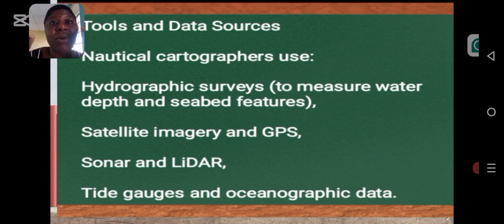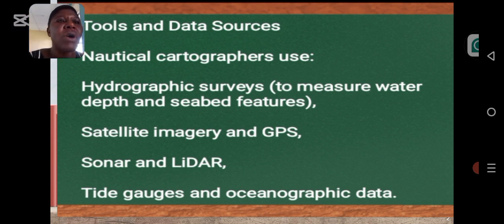Also, you can obtain data via sonar and radar methods, which you use to produce a nautical chart. Then we can also obtain data via tide gauges and oceanographic data. So you obtain your data through these means.